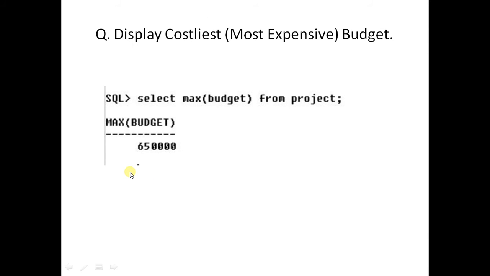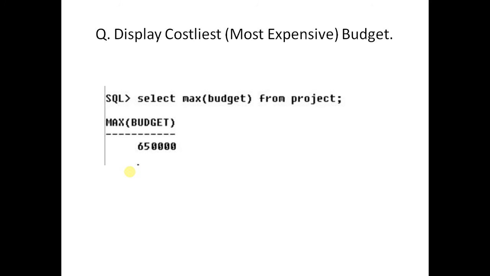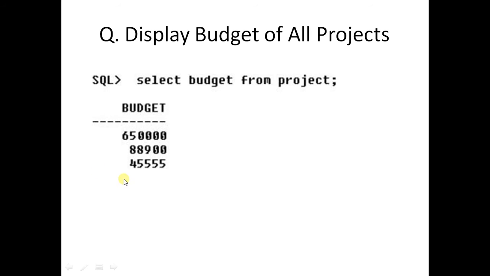Now let us move to our main question: display the second most expensive budget. This is a very common question asked in many interviews and by many examiners during the viva also. It should show 88,900.